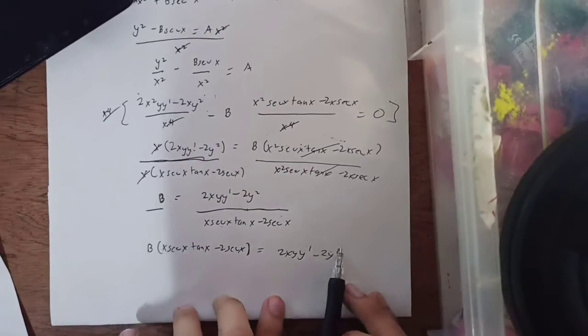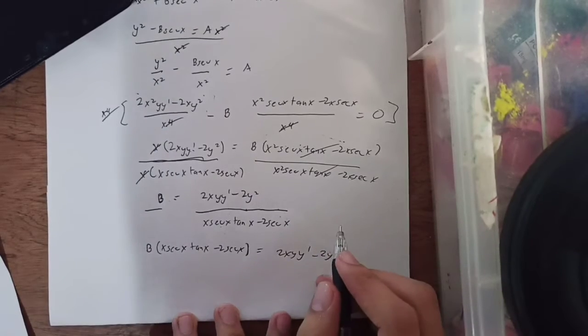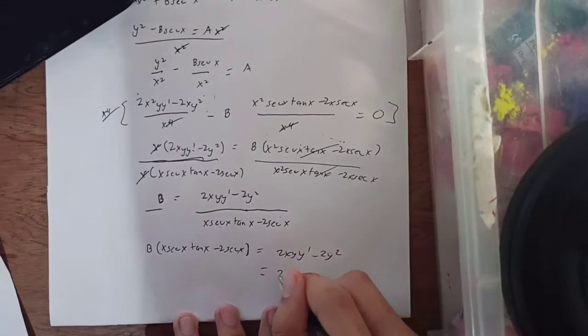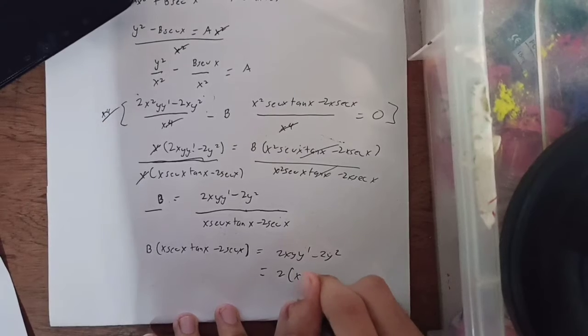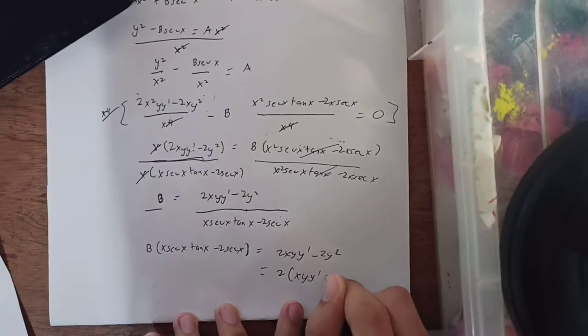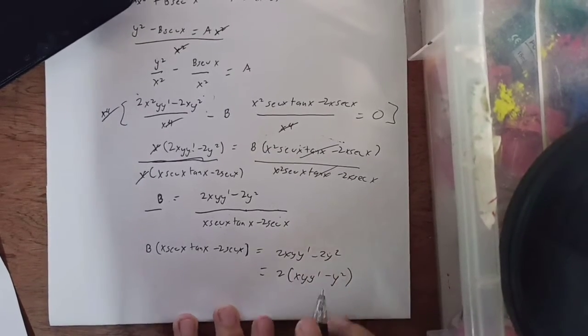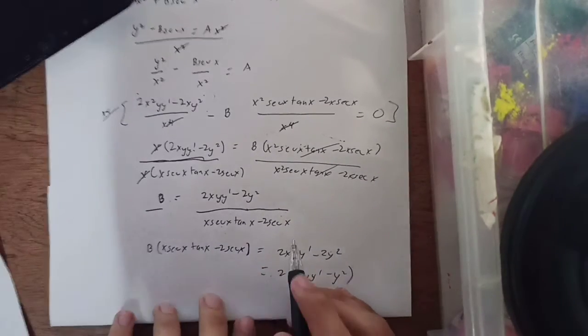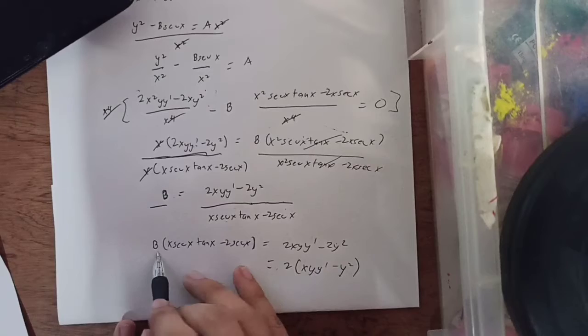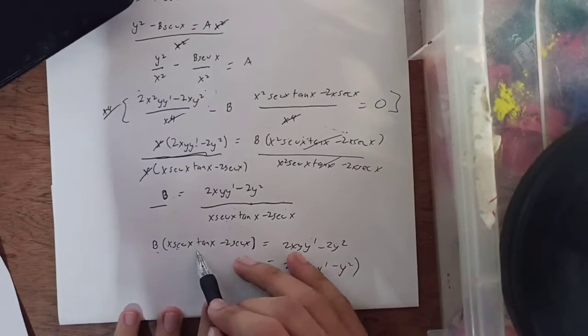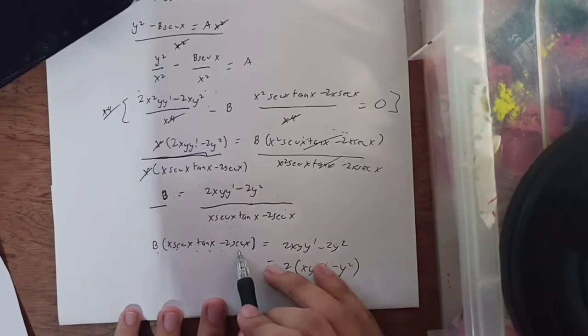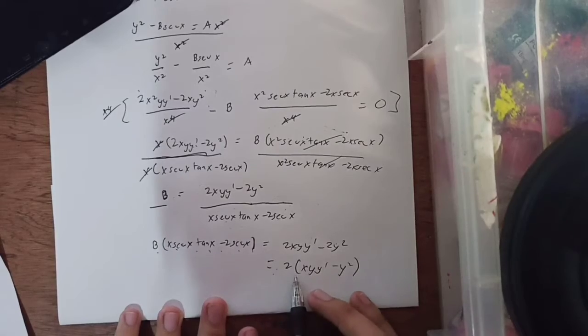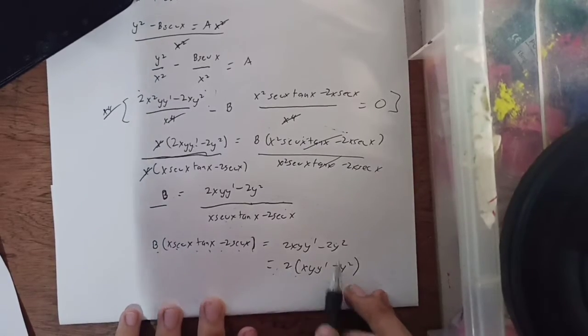Here we can factor out 2, so it becomes 2 times xy prime minus y squared, to become simpler, taking this derivative. So we take the derivative of b quantity x sec squared x tan x minus 2 sec x is equal to 2 quantity xy prime minus y squared.